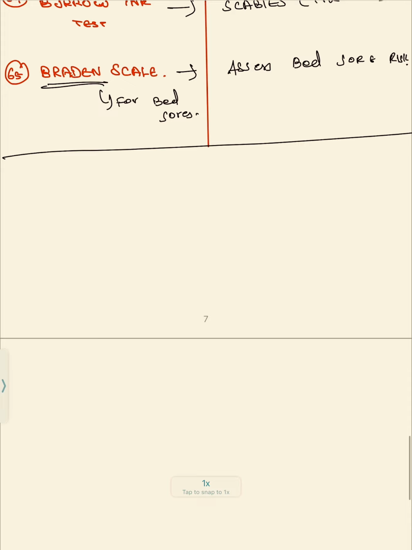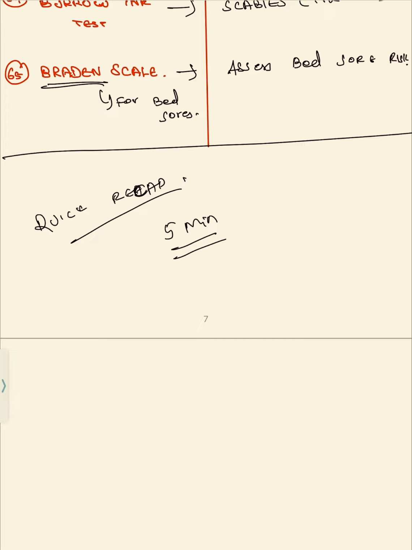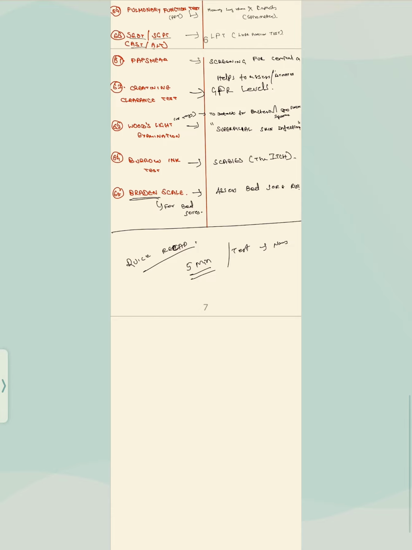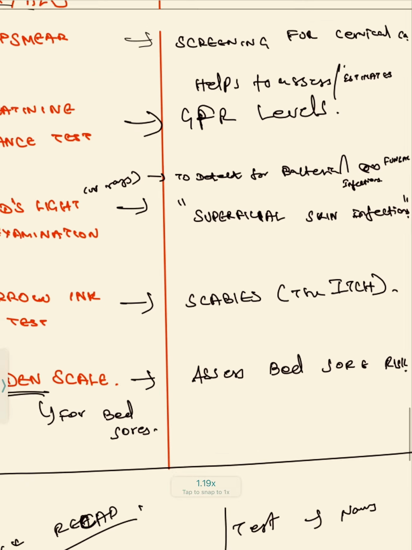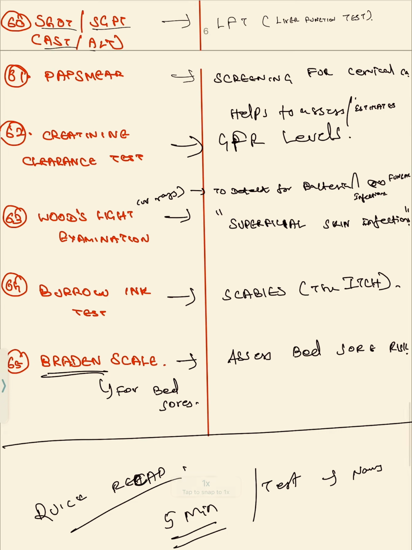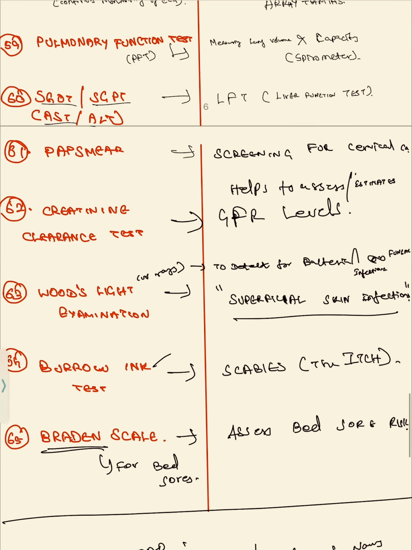Let's do one quick recap. Five minutes, just the tests and names. Let me go from the bottom. Braden scale, assess the bed sore risk. Burrow ink test, scabies. Wood light examination, superficial skin infections.